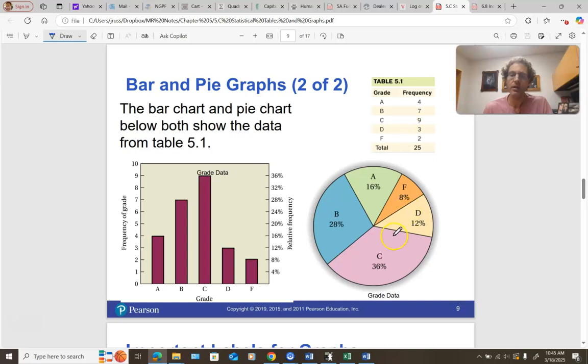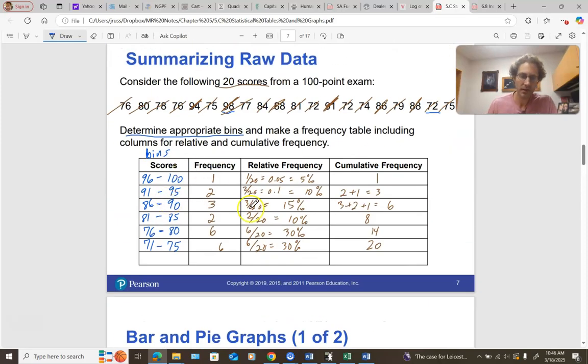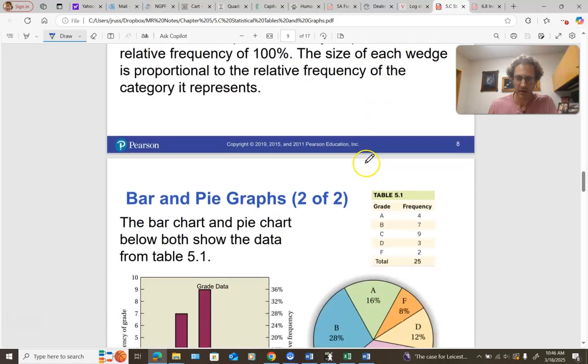But you'll notice that the size of the wedge actually corresponds to a relative frequency. C right here is the biggest piece of the pie, and that's because there were more C's than anything else. They came up with this relative frequency by taking 9 and dividing it by the total, just like we did in this table up here.